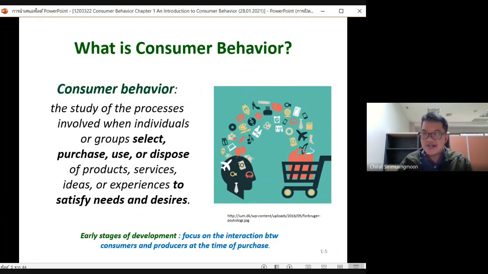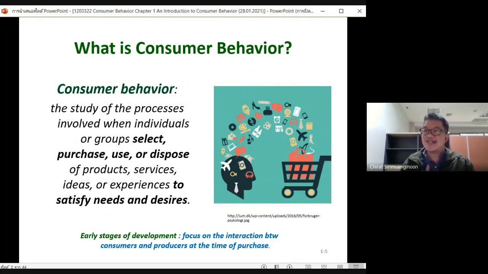But in the past, we believed that we should focus mainly on the during-purchase stage, which does not work right now. Because in fact, before you buy something, you need to look for information. You need to collect the information. So that is the pre-purchase step. We have during purchase, when you buy products, or you come to the department store and the environment of the department store makes you feel like you really want to drink or eat something.